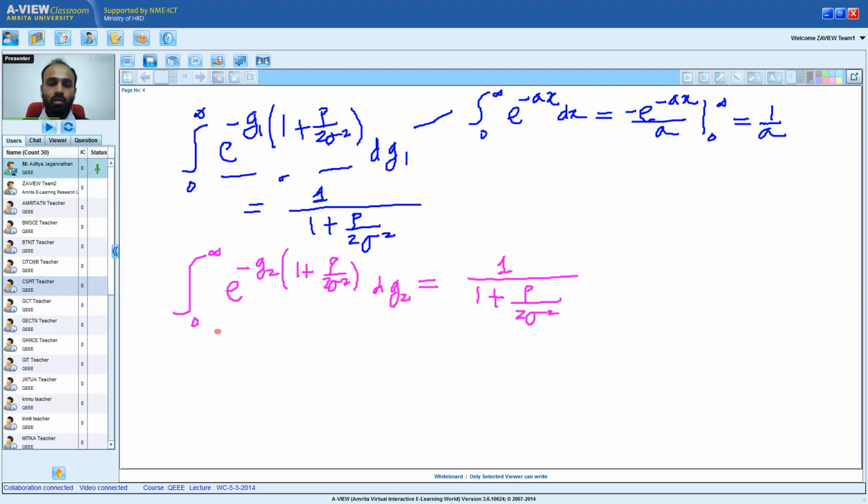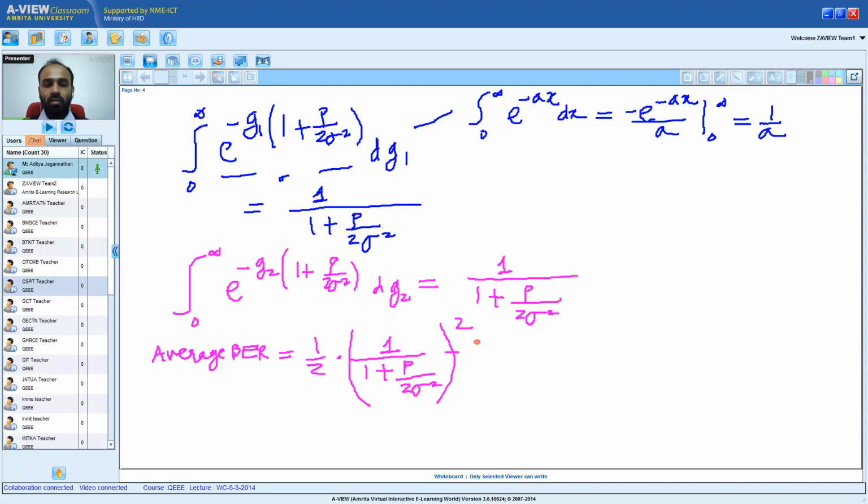Therefore, now substituting this, what I get is the average bit error rate. Average bit error rate equals half times 1 by 1 plus P over 2 sigma square, whole square.